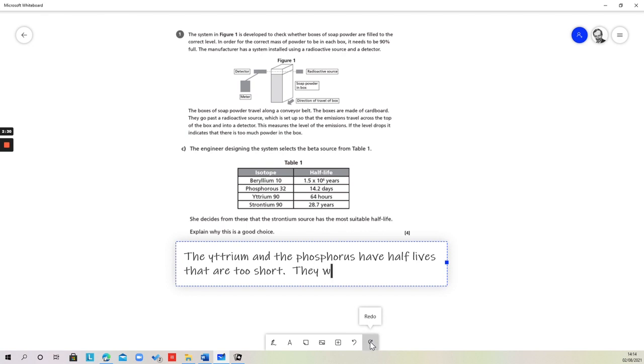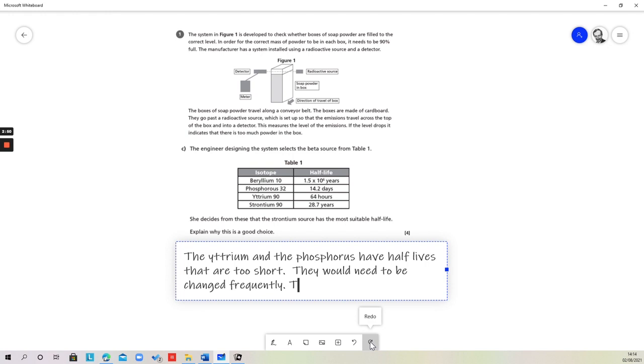So let's put in now they would need to be changed. They have to be replaced relatively frequently, and of course that then makes the cost of the operation greater. So we've eliminated those two there.